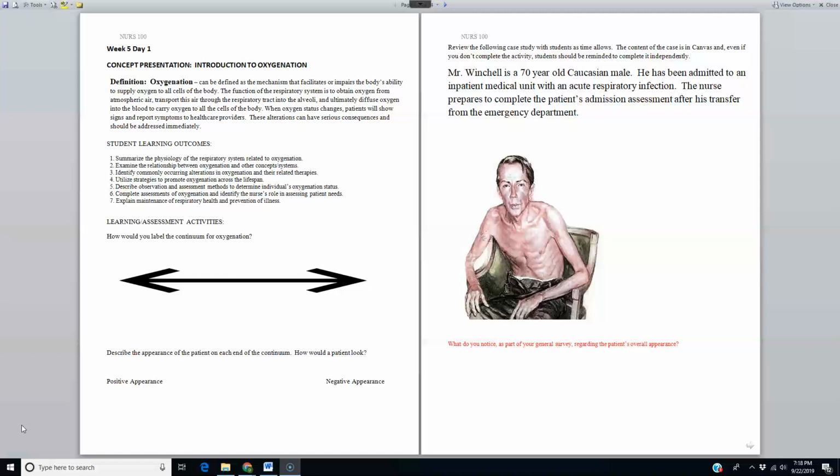We have other tools in the healthcare profession to assist us in making assessments about our patient's respiratory status, and I will get into that a little bit later.